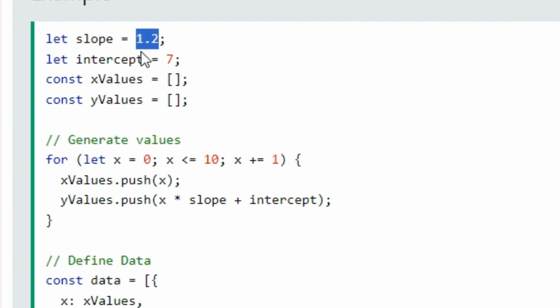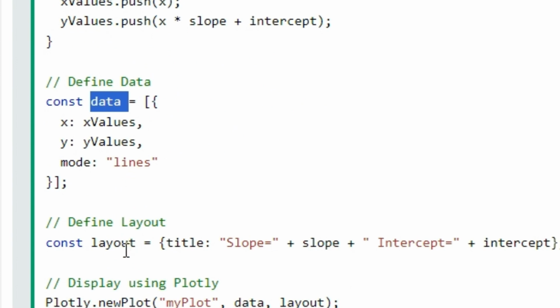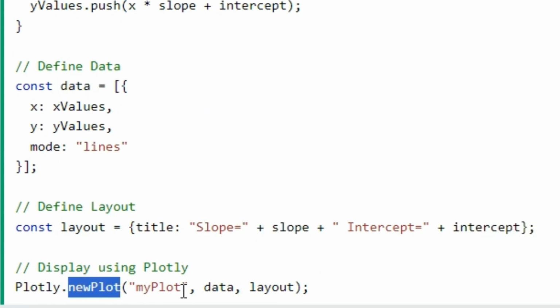We populate the x values and y values and create the data. In the layout, we mention the slope and intercept. When we plot, we enter the name of the plot, the data, and the layout.